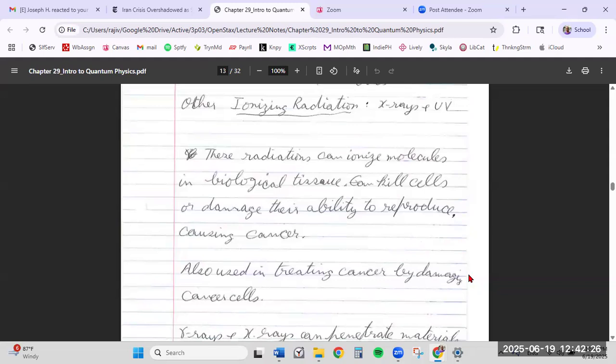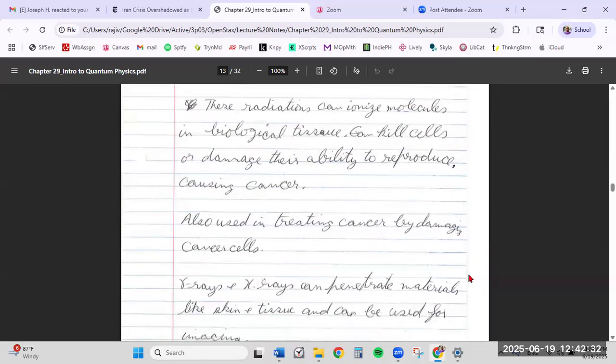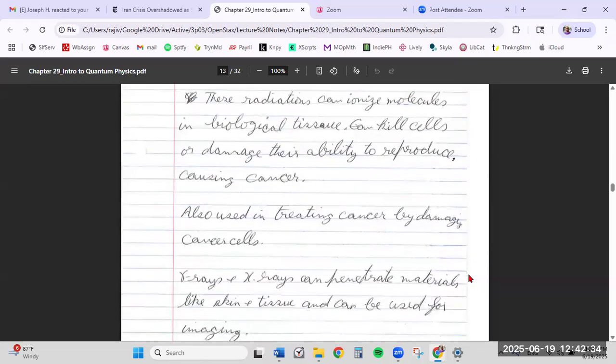Interestingly, ionizing radiation can also be used in treating cancer by damaging cancer cells. If you can focus on the bad cells, you're able to damage them and stop the spread of cancer.